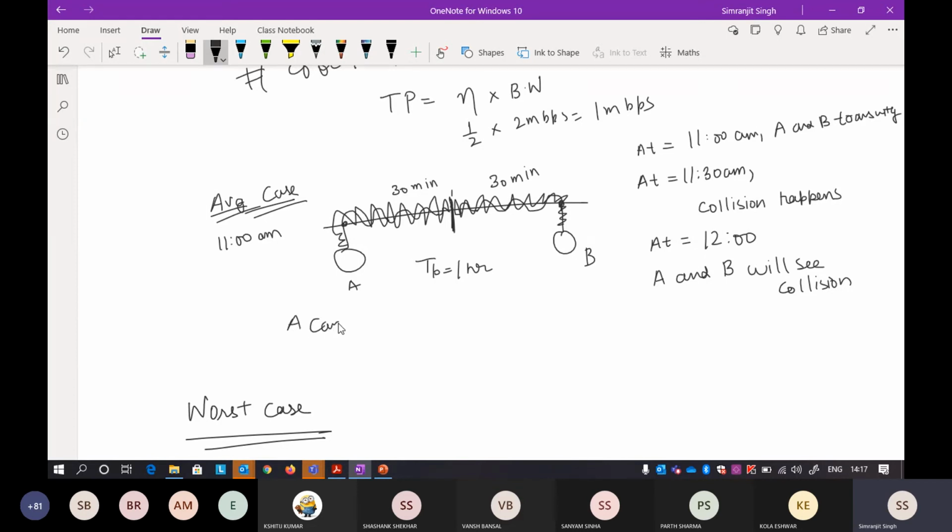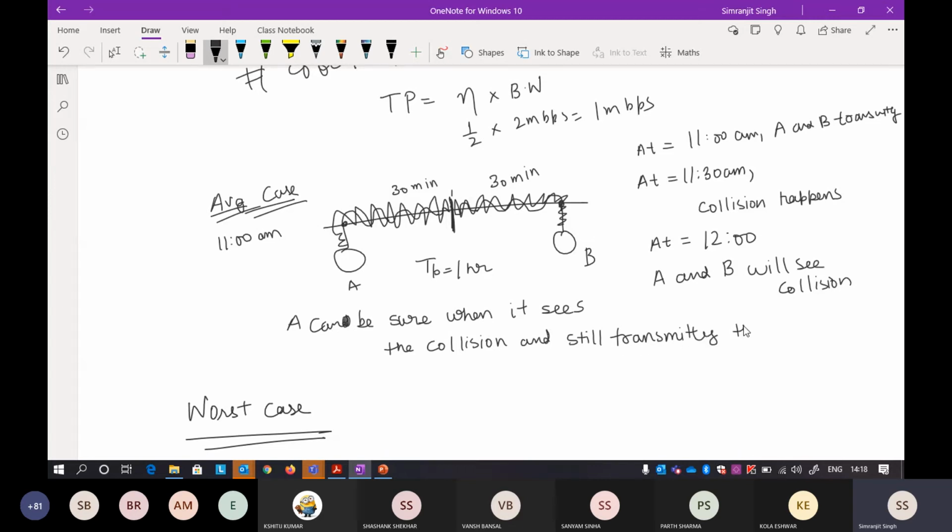A can be sure when it sees the collision signal, and when it sees the collision signal, at that time it is still transmitting the packet.